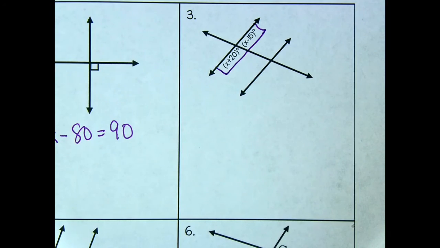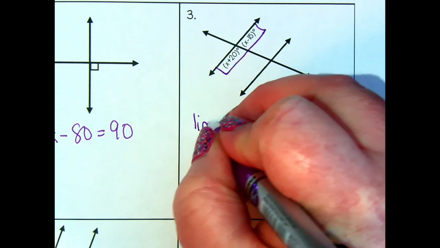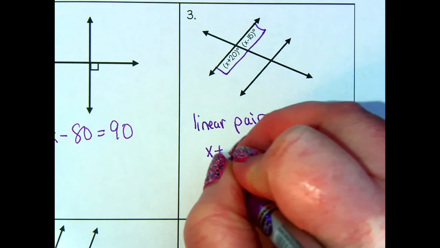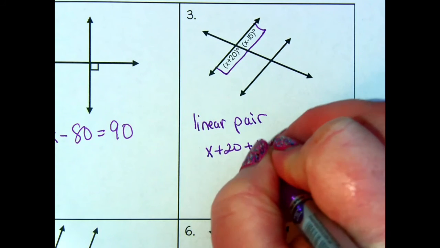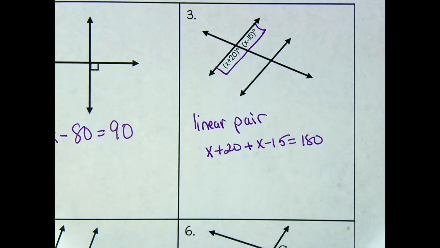In this example, we see that these angles form a linear pair. And we know that a linear pair adds up to 180 degrees. So I would say x plus 20 plus x minus 15 is equal to 180. And again, you should know how to solve these problems at this point. Please note that while they don't happen often, decimals do happen, and it does not mean that you made a mistake.